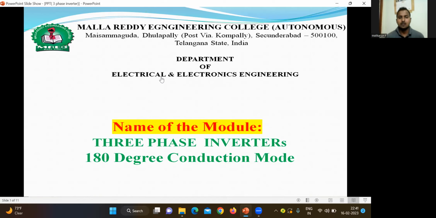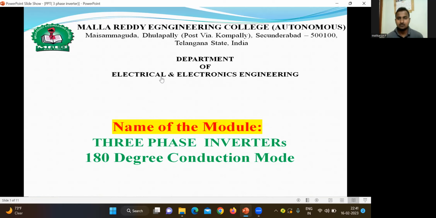Now coming to the types of inverters. Inverters are basically of two types: single phase and three phase. Single phase inverters are again divided into two types. One is the single phase half bridge inverter. The second one is the single phase full bridge inverter.